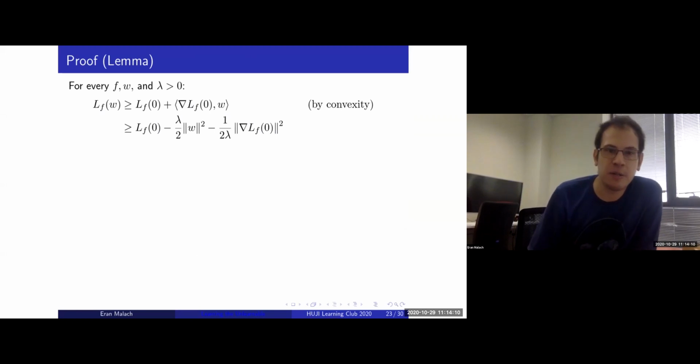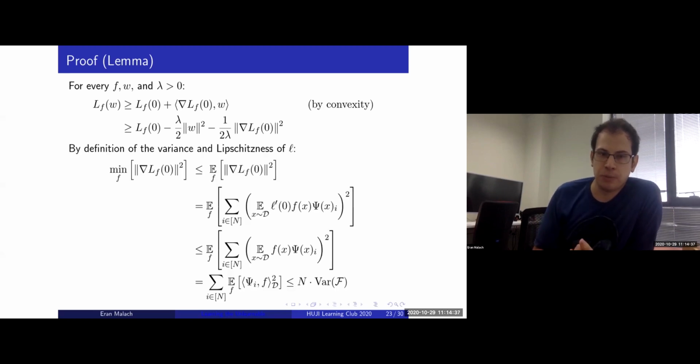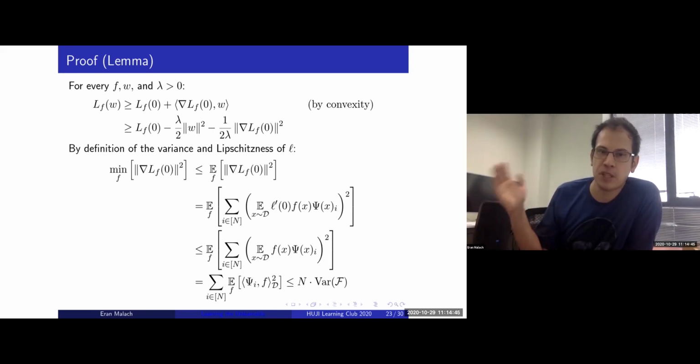But I won't go into all the details here, just the outline of the proof. Using some convexity argument, we can lower bound the loss of linear classifiers by the loss at zero and some term that depends on the gradient of the loss at the point of zero. Right, so it's the loss at zero, which is just 1 for the hinge loss, minus something that depends on the norm of the classifier and something that depends on the norm of the gradient at initialization.